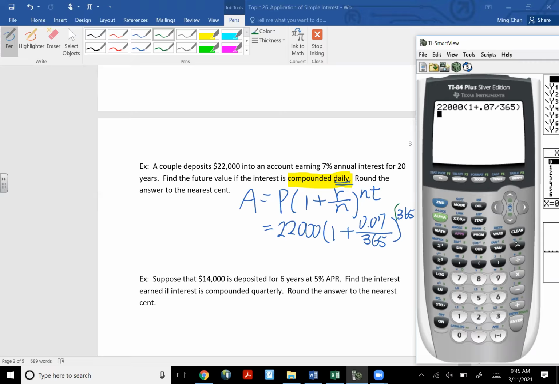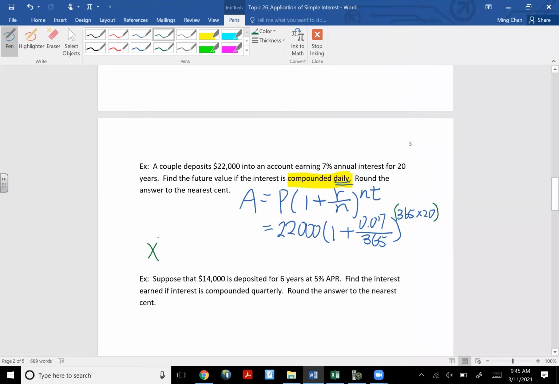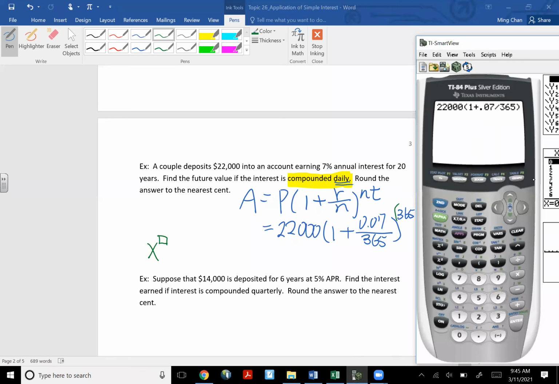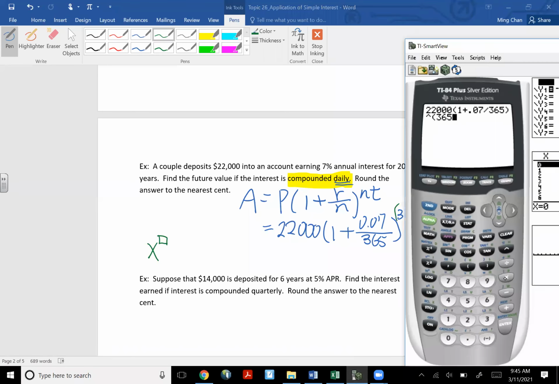Okay, exponent key. Is this the caret key? Or if you have a scientific calculator, you might be looking for something like an x with a little box on top. Or you can find this caret key. Raising to the, I'm going to put an extra parenthesis for this 365 times the 20. Without that parenthesis, it's not going to work.